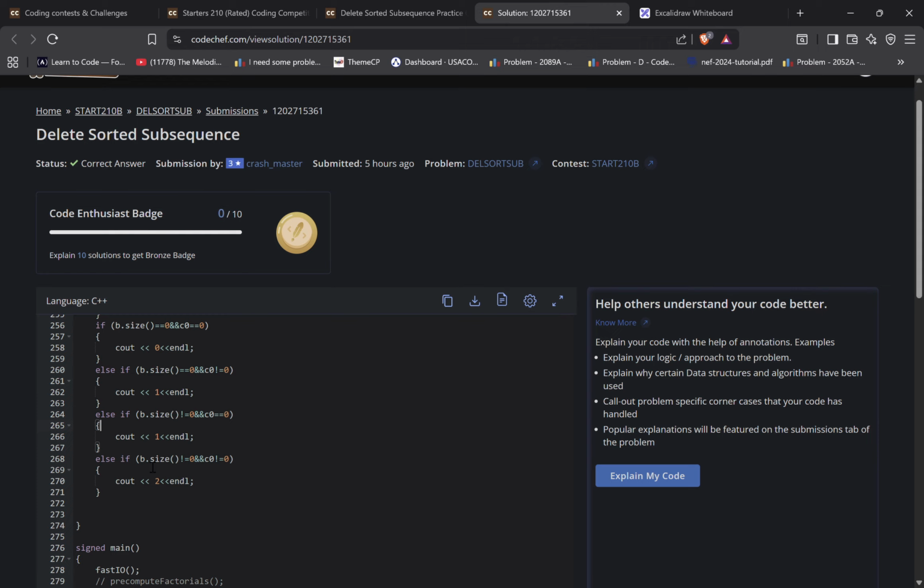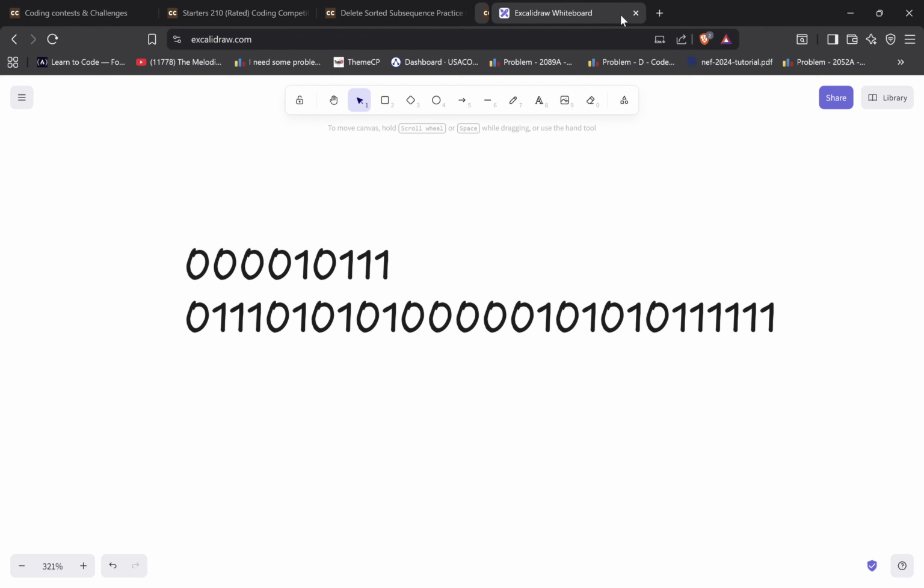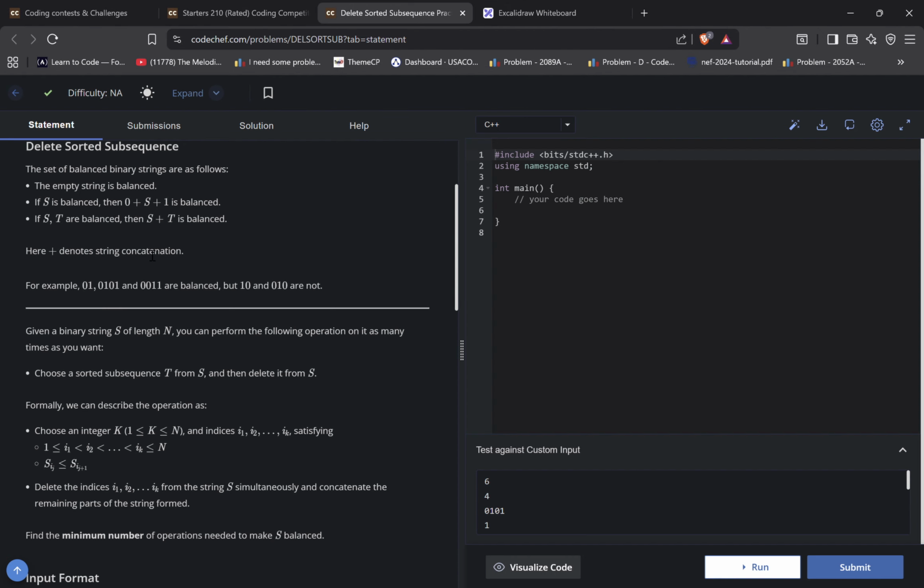Cool, cool. So if the zeros are after the ones, that means I cannot take both of them together. So I'll have to split it up into two operations. Hence, cout 2. So yeah, that is the PCD.